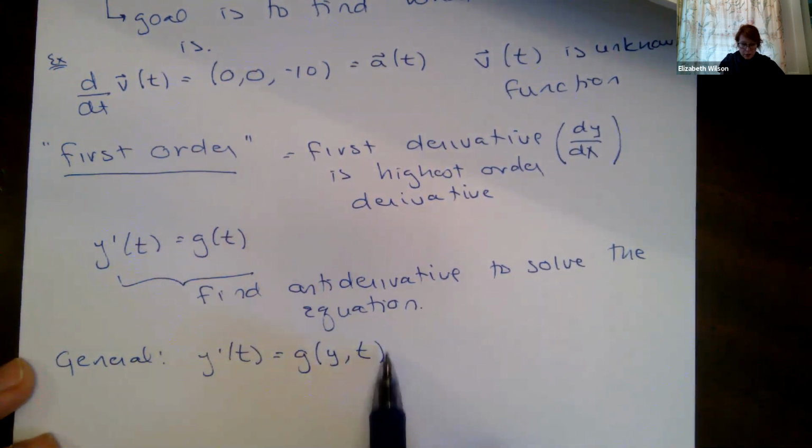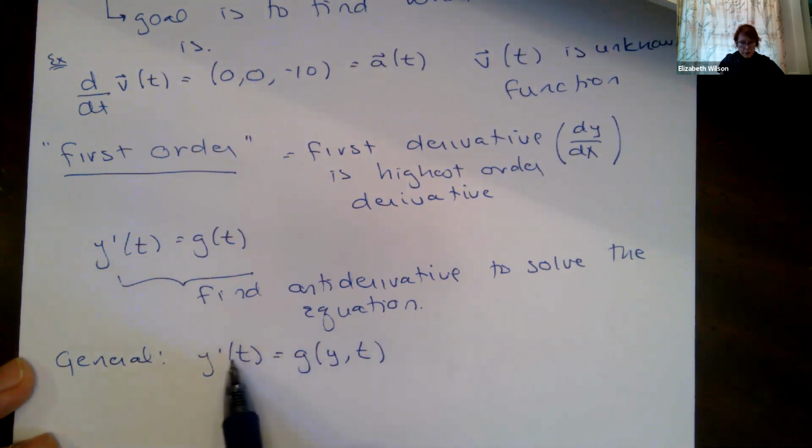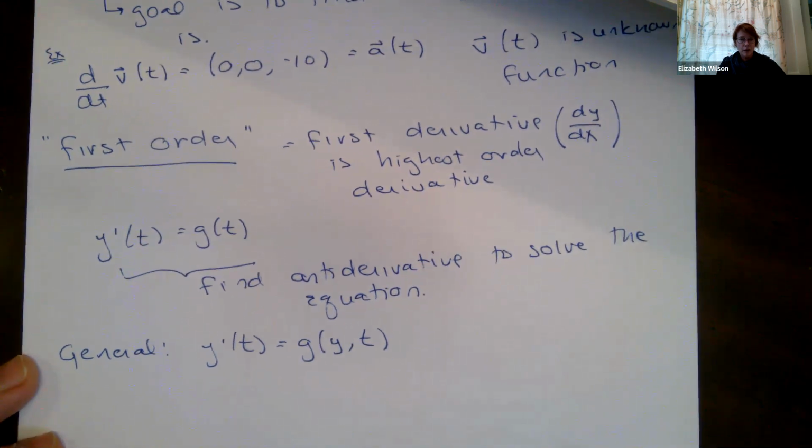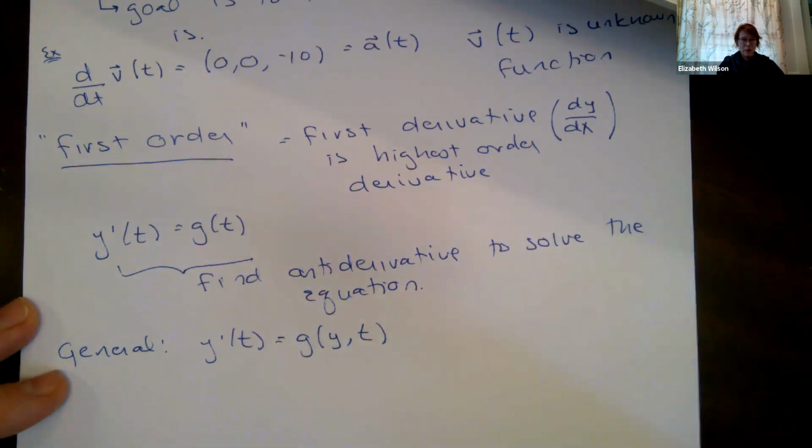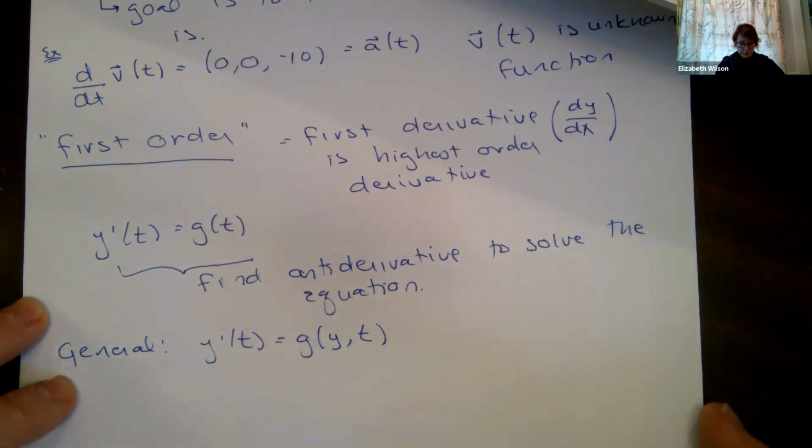So g is a function of my function and of time. We have different types of models that use differential equations to describe them. I'm going to go through a couple of different types of models to talk about what their differential equation looks like and when they're being used.